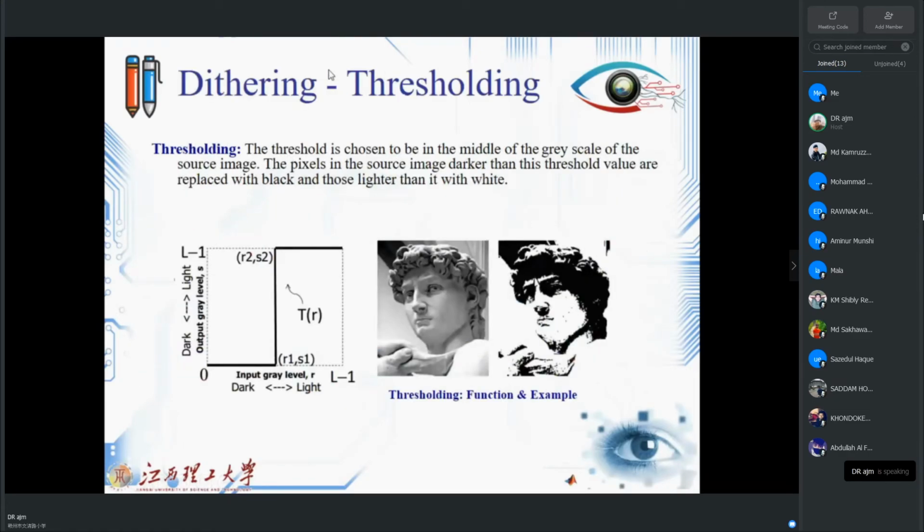Dithering threshold has a meaning like this. The threshold is chosen to be in the middle of the grayscale of the source image, and the pixels in the source image darker than this threshold value are replaced with black, and those lighter with white. As you see here, we have a step function between 0 and 1, or from dark to light in the y direction, and in the x direction, dark to light as well.